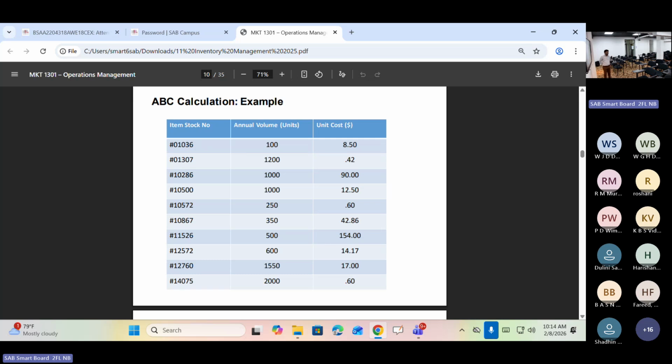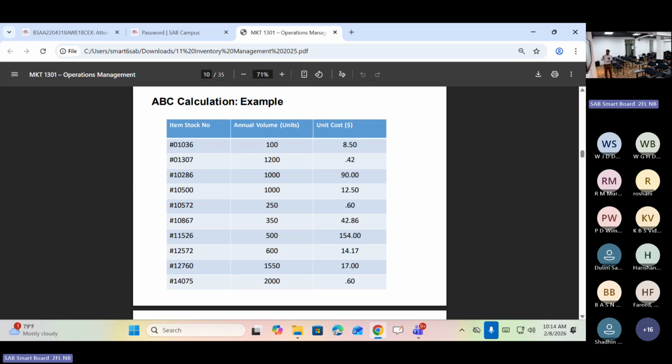Now, if you are asked to consider this information and classify them into A, B, and C based on the benchmark measures we identified above, how can you do that? That's a very simple thing.